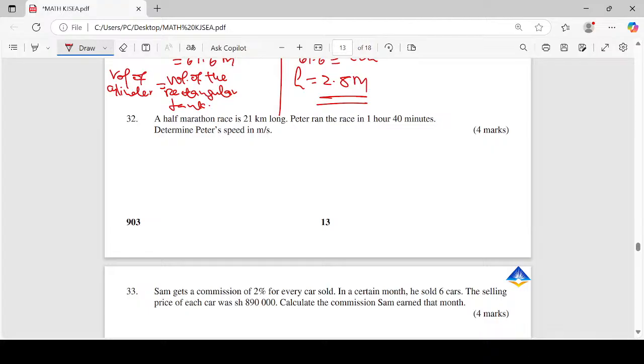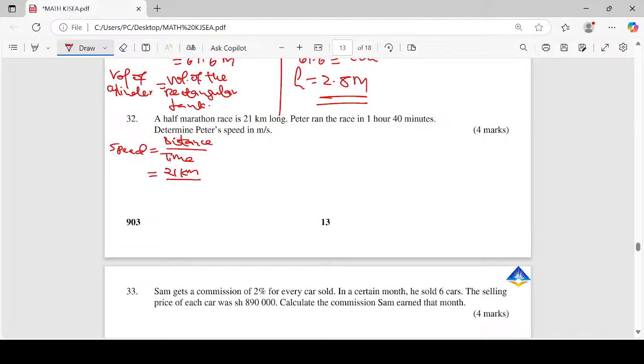First of all, how do you calculate speed, learners? Speed is given by distance over time. That's the starting point. So the speed: distance is 21 kilometers over time 1 hour 40 minutes.